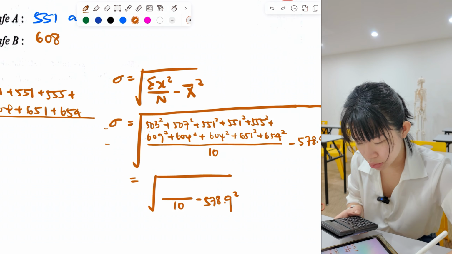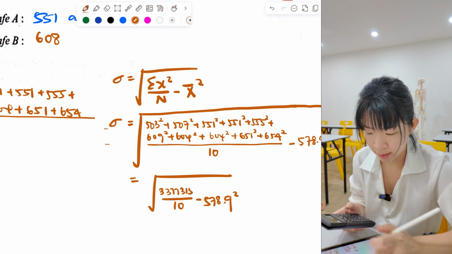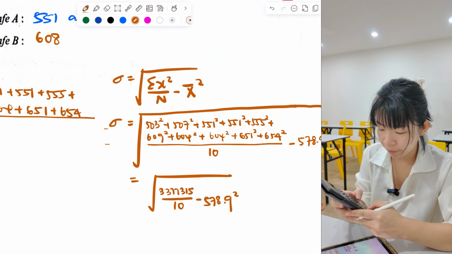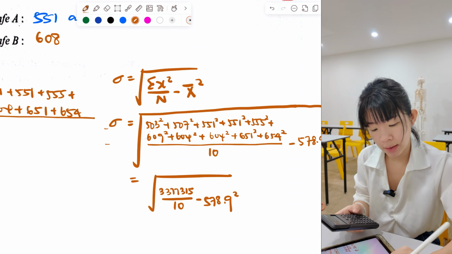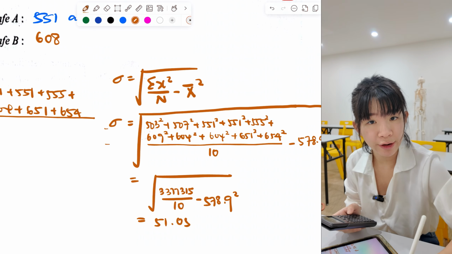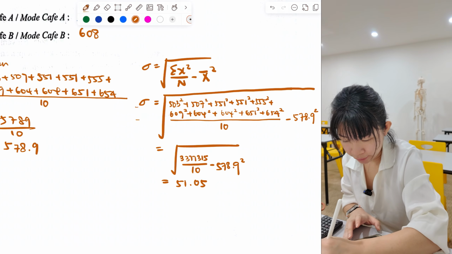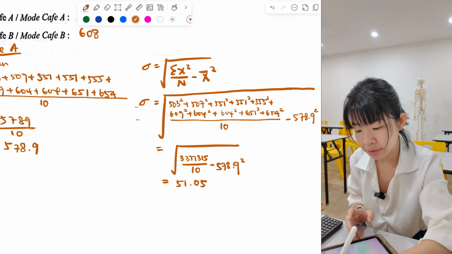Okay, so you get 3,377,315 divided by 10 minus 578.9 squared, finally square root the answer. So the standard deviation is 51.05. So this is cafe A. Okay, you just have to repeat for cafe B in order to get full marks.